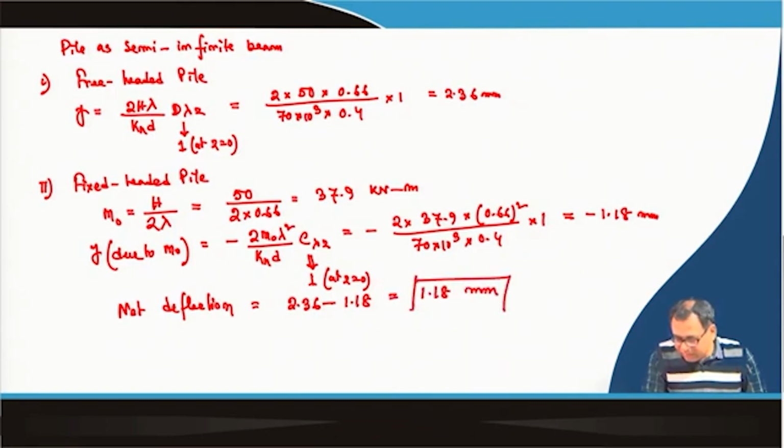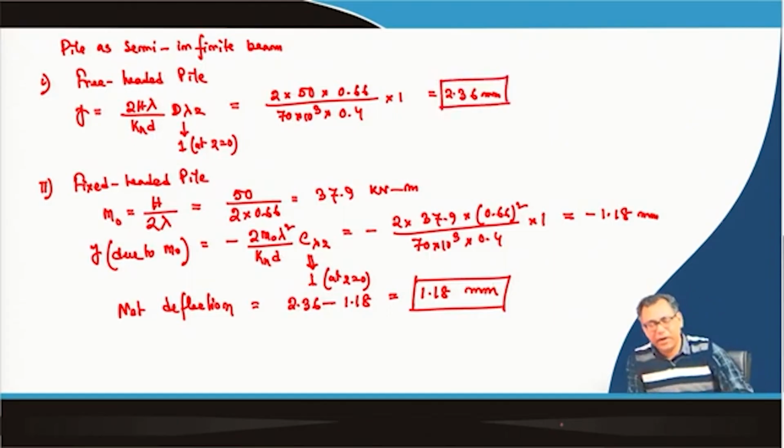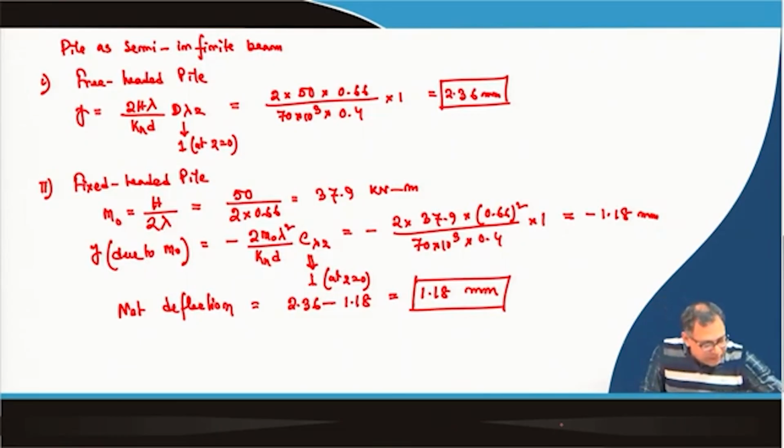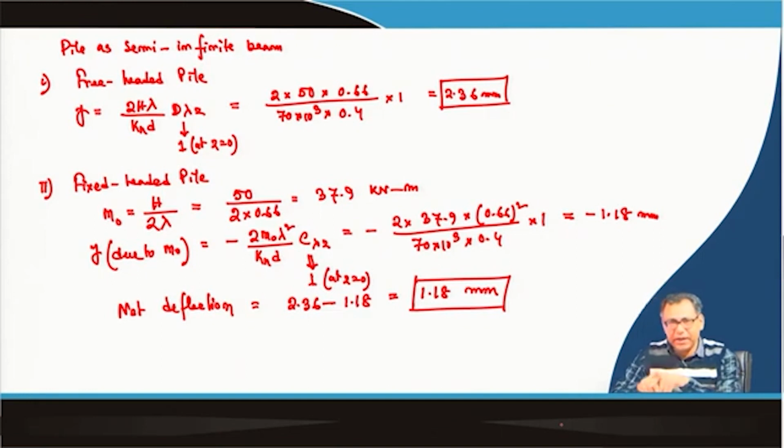So, we are getting the same value if we consider the pile as a semi infinite beam, or if we consider the pile as a finite beam, because here the lambda L value is 5. Okay. Now, you can check the same problem if the lambda L value is say 2, and then you solve it with semi infinite beam and the finite beam. Then you will find there will be a difference between the deflection that you are getting for finite beam and the semi infinite beam.